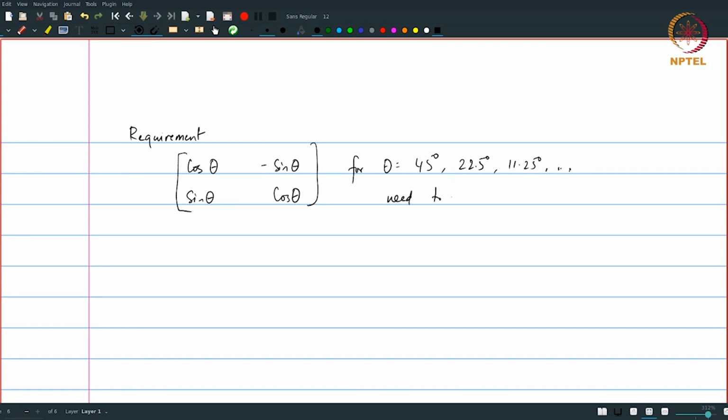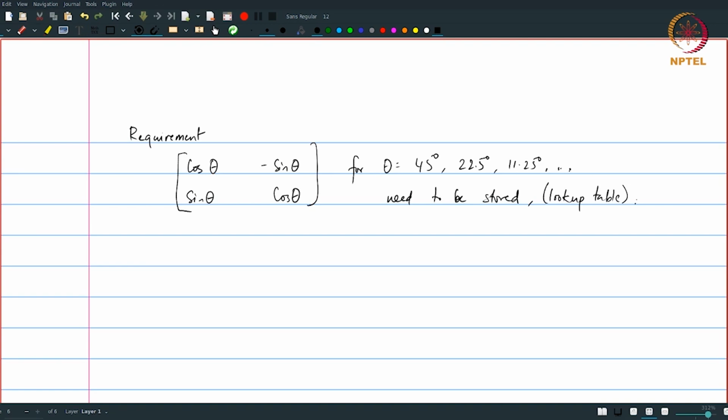All these values need to be stored, possibly in a lookup table or in some other way that makes it easy to compute. This is still okay. Hopefully the number of such values that I need to store is not very large. Maybe even if I store around 10 such values, I would be able to iterate through 10 different angles and I should be able to get to closer than 1 degree of computation.